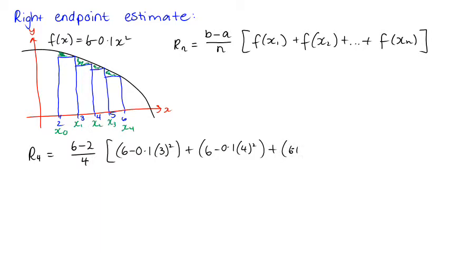Minus 0.1. And from this one, you start at x1, and the other one you start at x0, because you're going from the right side.